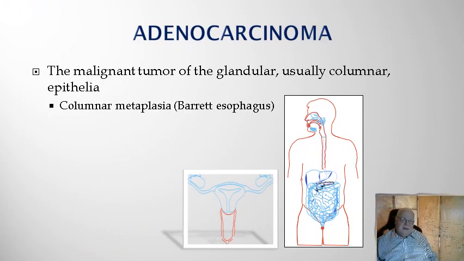And now the adenocarcinoma, which is the malignant tumor arising from unistratified epithelia. And we have such unistratified epithelia on the mucosas, like for example in the entire digestive tract, shown here in blue, but also in the glands of the digestive tract, like salivary glands, like the liver, like the pancreas, like the prostatic gland, which is not an annexa of the digestive tract, but it's also a gland.